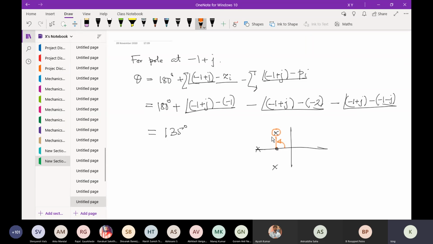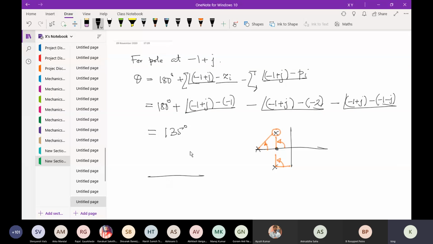There will be this angle, then there will be this angle to contend with, and also this angle. So you are going to get 135 degrees. And what does this tell you?